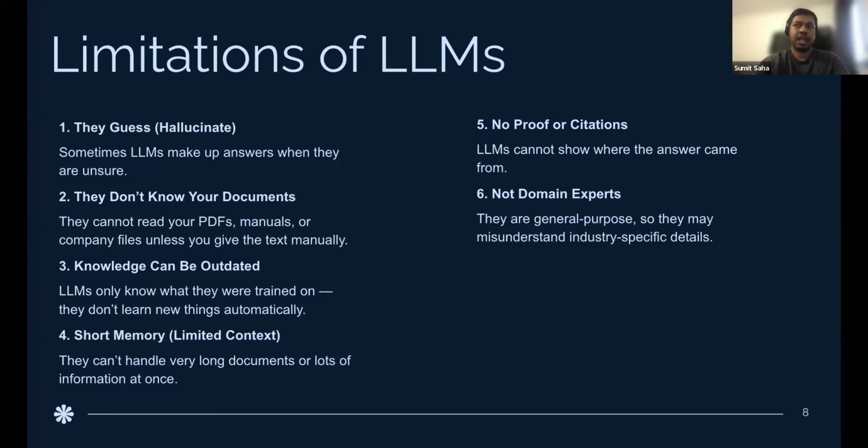Suppose the LLM has weather information till October 2025, and I ask about the weather information of November 2026. The LLM will hallucinate because it is not updated with the data of November.